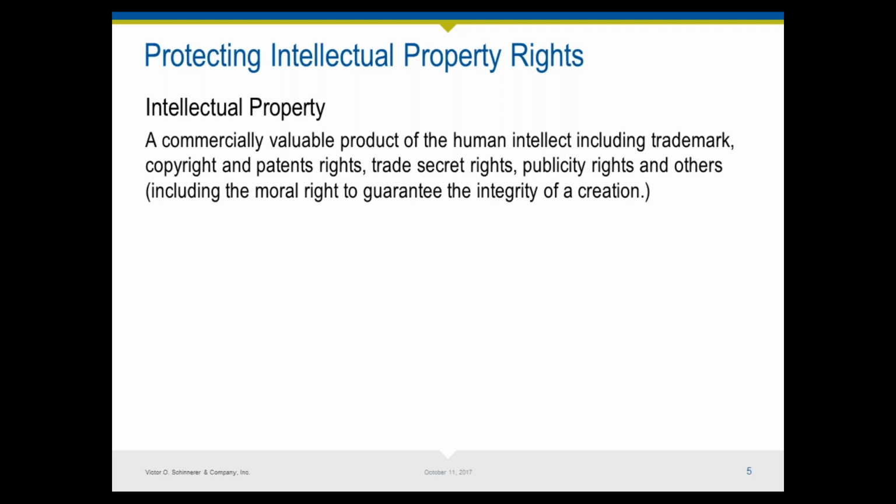Some of you may carry around with you a copy of the U.S. Constitution. If you have it, turn to Article 1, Section 8, Clause 8. That part of the Constitution empowers the United States Congress to promote the progress of science and useful arts by securing for limited times to authors and inventors the exclusive right to their respective writings and discoveries.